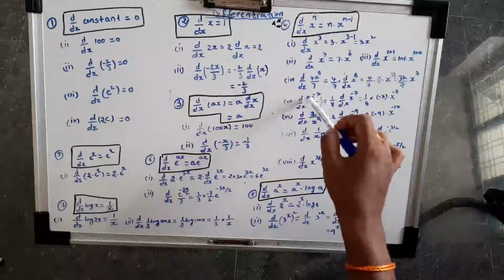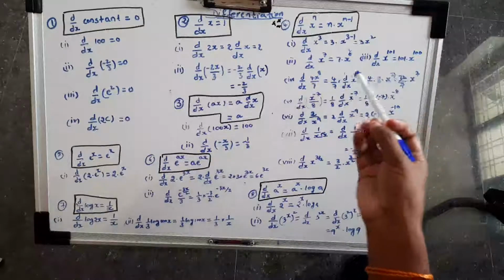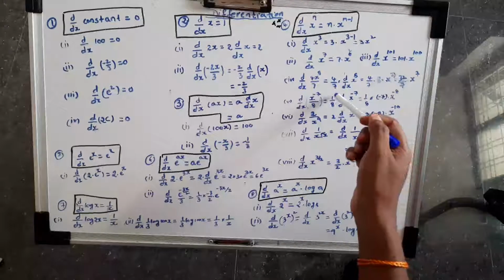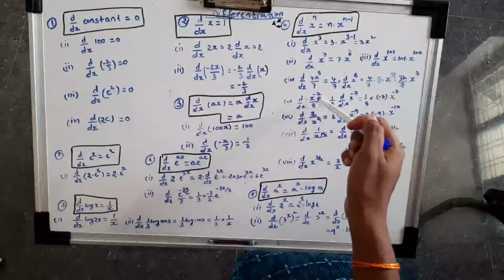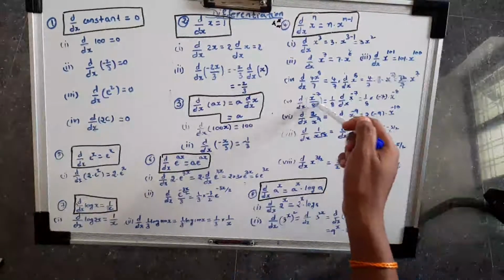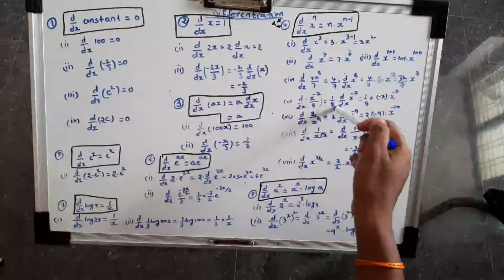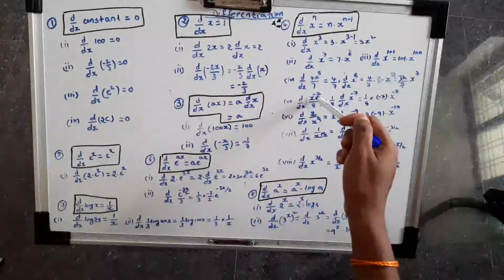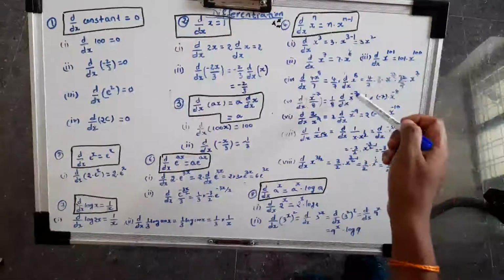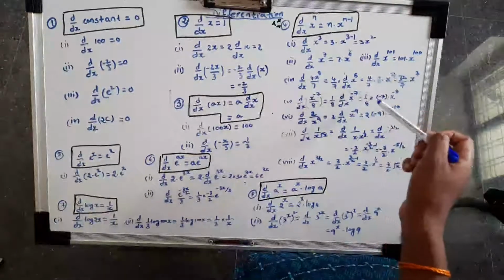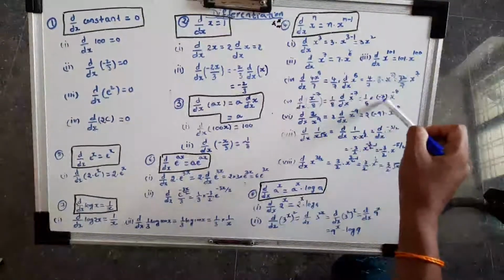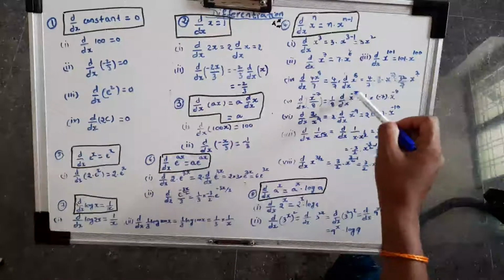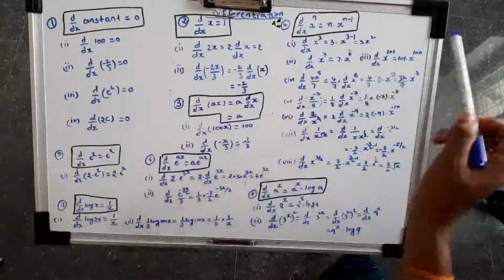If a negative power is there, there is a small modification. Here 1 over 8 is a constant, so we write it outside, and then the derivative of the remaining term, x power negative 7. The power is negative, so in place of n, negative 7 is there: n into x power n minus 1, so negative 7 times x power negative 7 minus 1, which is negative 8.